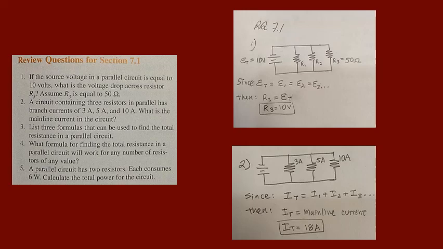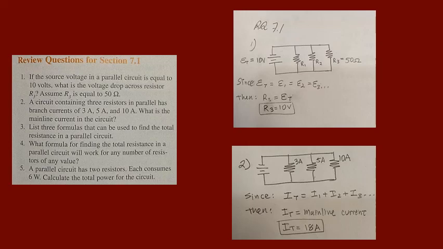Since the voltage drop at each resistor must be the same throughout the parallel circuit resistors, the total voltage drop equals 10 and the R3 voltage drop equals 10, since they must be the same. So we know that the voltage at R3 is 10 volts.